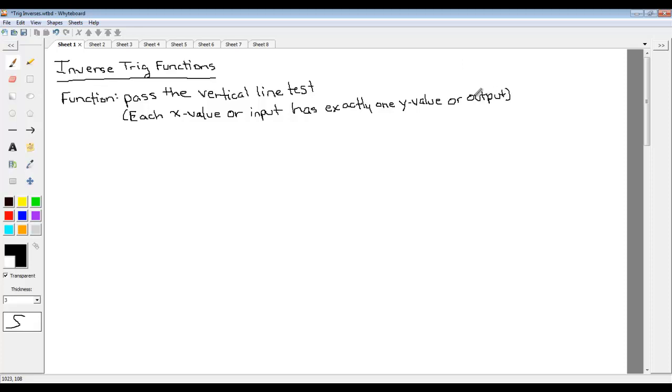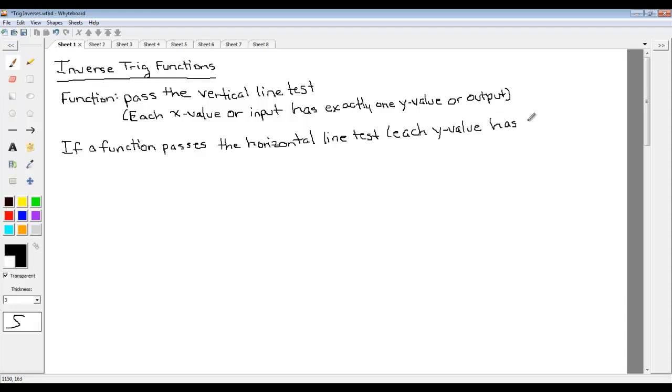Well, we can take these functions and analyze them a little further. If a function passes the horizontal line test, meaning each y value has only one x value associated with it, then the function is 1-to-1 and has an inverse.